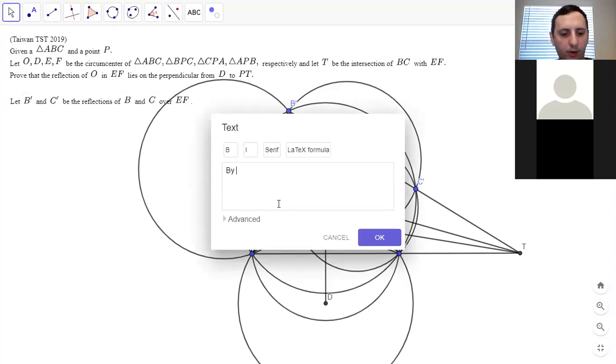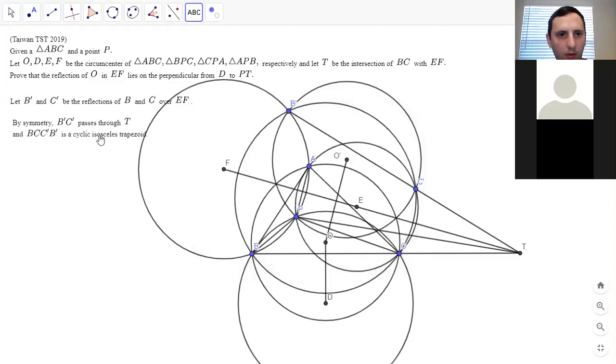By symmetry, B prime, C prime passes through T. And BC, C prime, B prime is a cyclic isosceles trapezoid. So we have that.